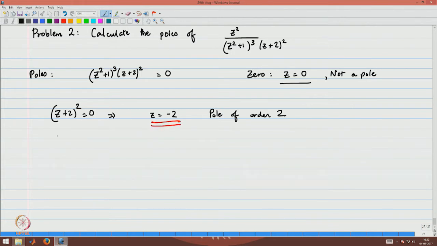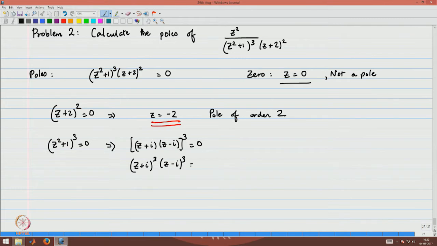Then you could have (z square plus 1) cube equal to 0, which implies (z plus i), (z minus i) whole cube equal to 0. I will write this as (z plus i) cube, (z minus i) cube equal to 0.